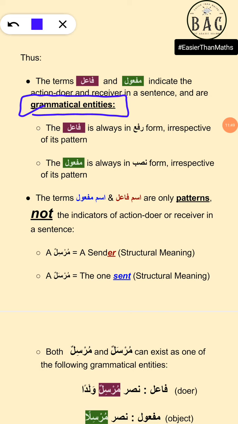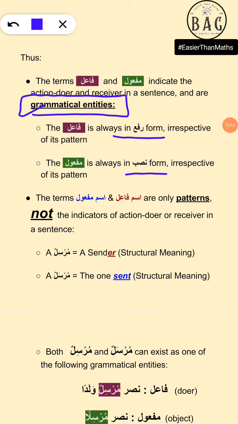Whatever you label something in a sentence is actually a grammatical entity, but the structural pattern is your ism fa'il or ism maf'ul. The fa'il is always in rafa form irrespective of its pattern, and the maf'ul is always in nasab form irrespective of its pattern.